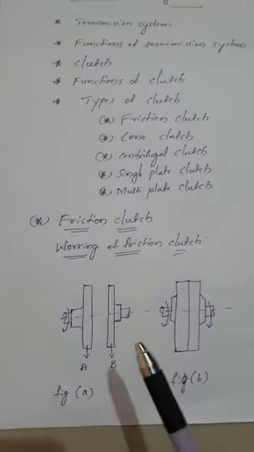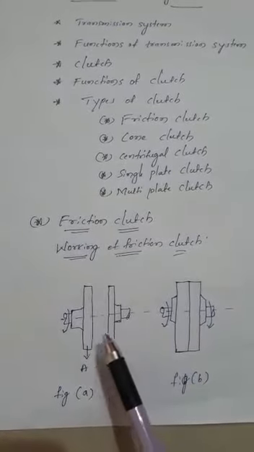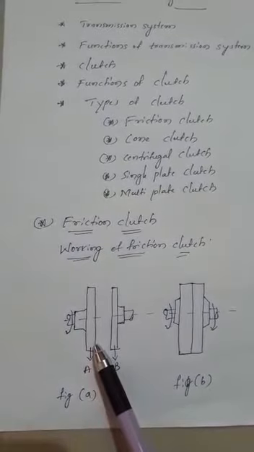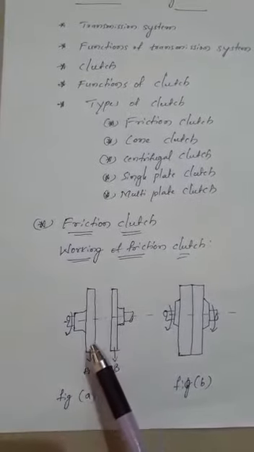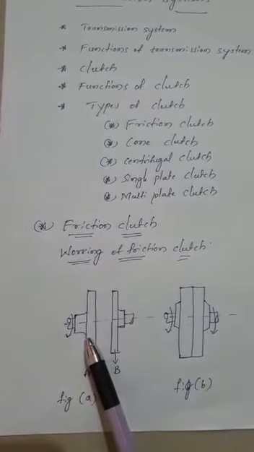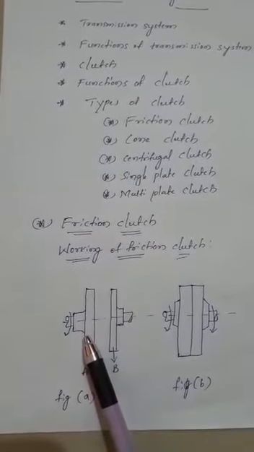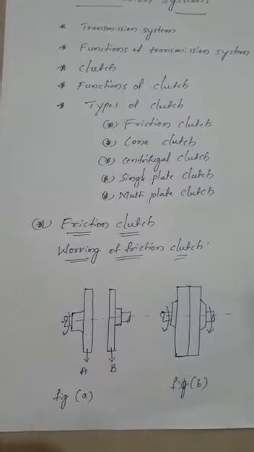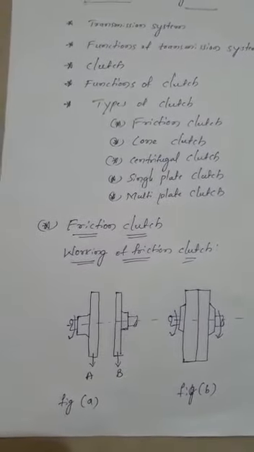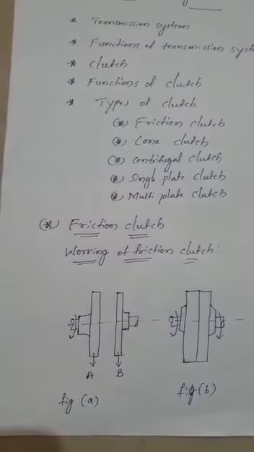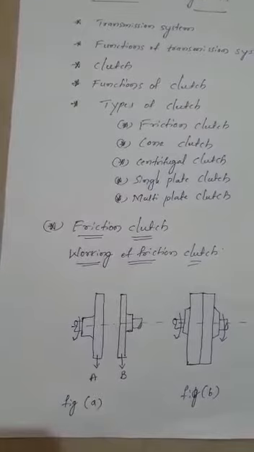And in the second case, instead of sand disk B being brought in contact with A, sand disk B is pressed against sand disk A. So in this case, sand disk B and sand disk A revolve with higher speed, as a single unit.